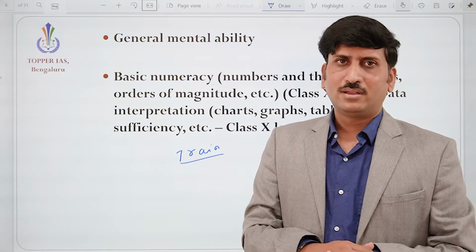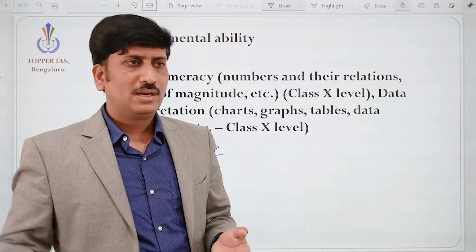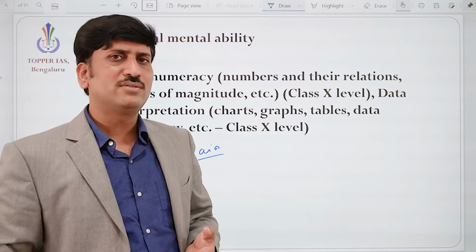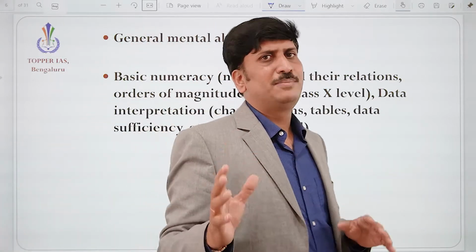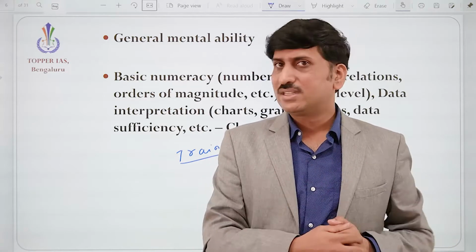Similarly, in boats and streams questions, when you are going downstream, obviously your speed will be more because water is flowing downward. When you are coming back, the speed will be less because it is opposing you. So you need to be able to understand that.